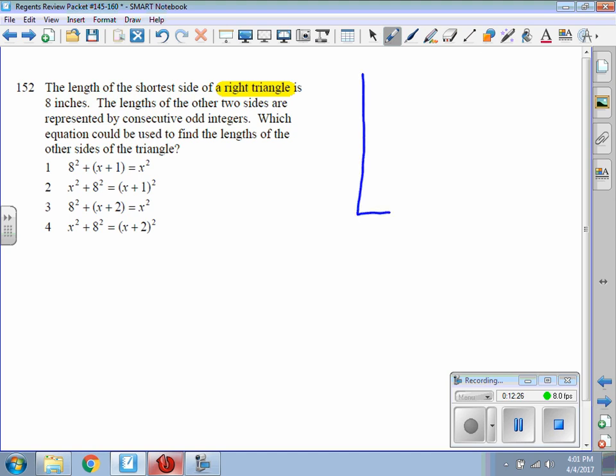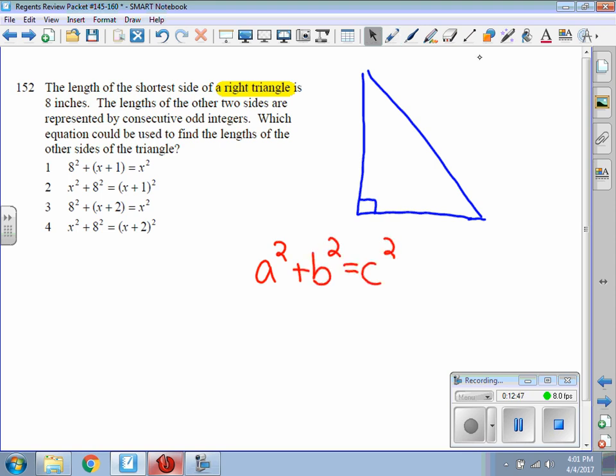A right triangle has a right angle in it, a 90-degree angle. Do you remember a formula about the sides of a right triangle? Something called the Pythagorean theorem. A squared plus B squared equals C squared. That tells us the relationship between the sides of a right triangle.